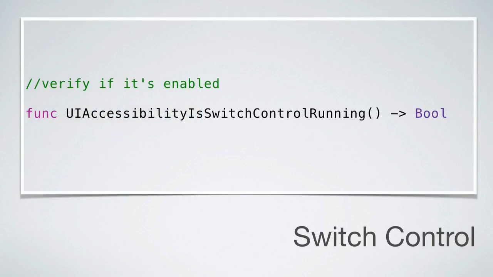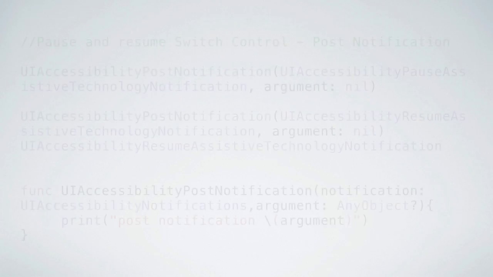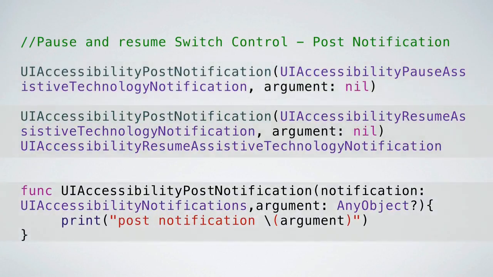You can make your app accessible through switch control by verifying if it's enabled with accessibility easy switch control ready. And you can also post notifications with UI accessibility post notification.